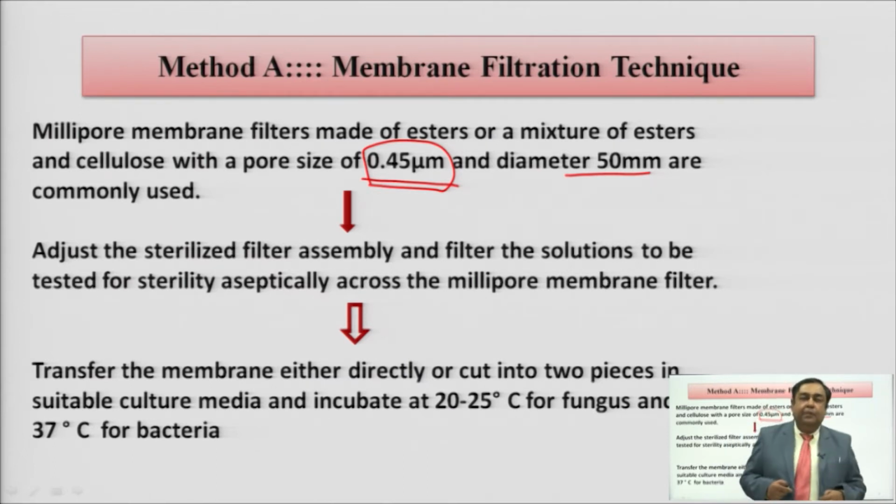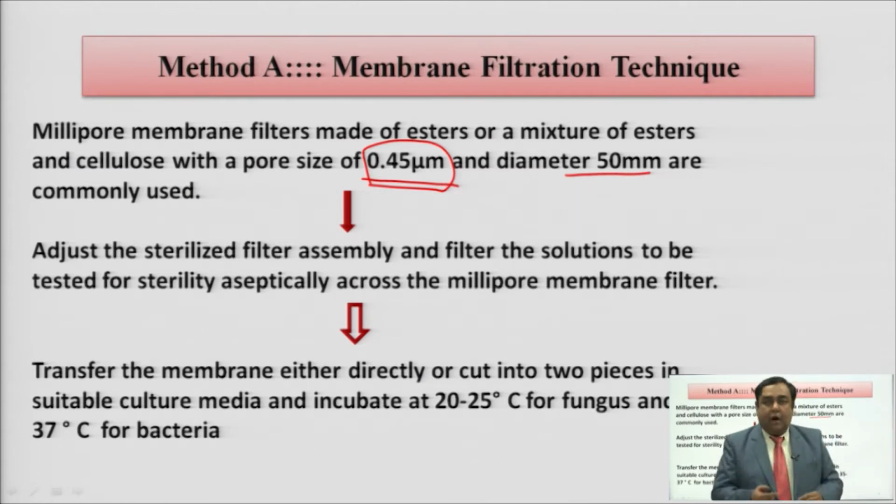Or if you are carrying out a single process, a single assembly, transfer the membrane directly by cutting it into two concentric halves. I am repeating once again. Take the filter paper after passing the solution which you want to test for sterility. You have to cut the filter paper aseptically into two halves.